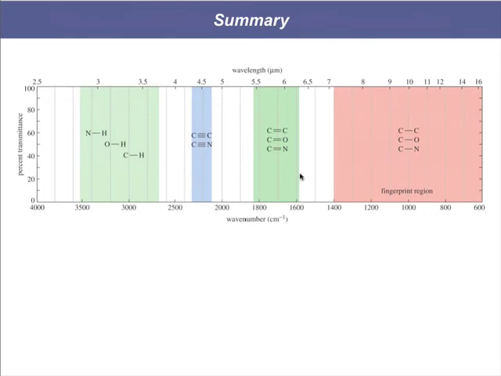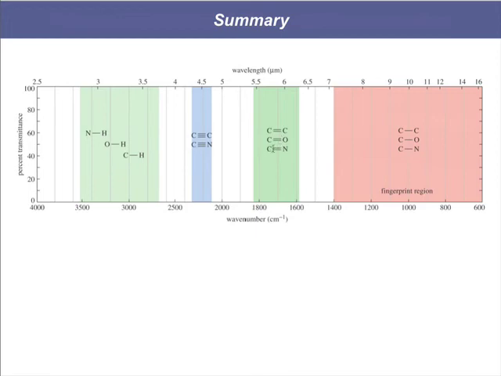From 1600 to 1800, we have carbon-carbon double bonds, so alkenes, and remember those can change depending on whether they are isolated or conjugated or aromatic. We've got carbon-oxygen double bonds, and those can change depending on whether they are ketones or aldehydes or whether they are conjugated or not. Same thing with our nitrogens, our carbon-nitrogen double bonds.